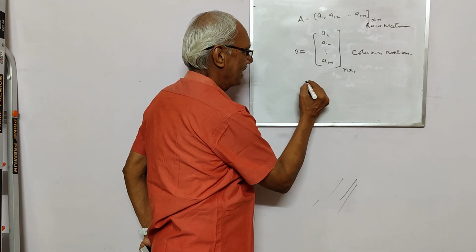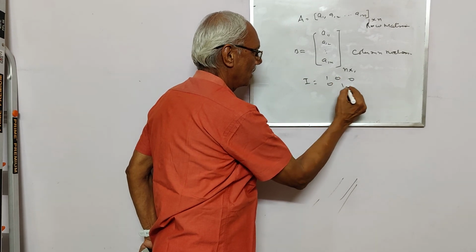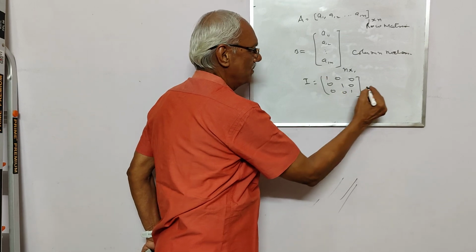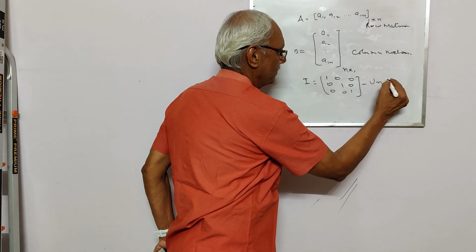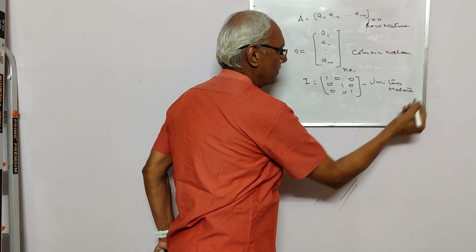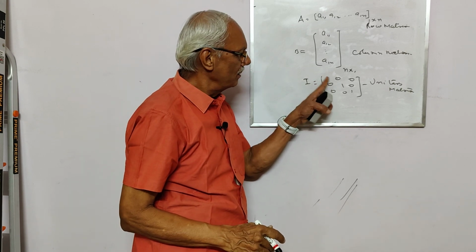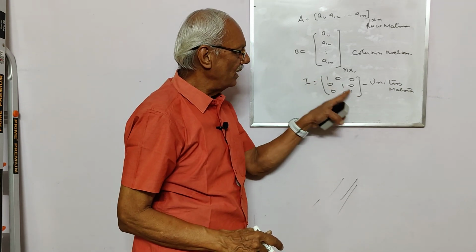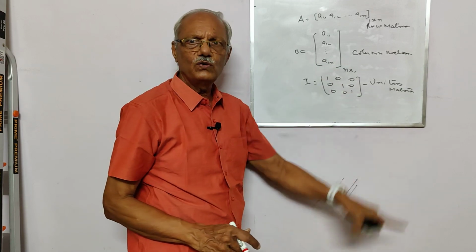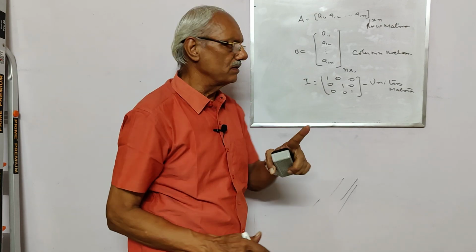And I'll write here, this is a unitary matrix. You find one along the principal diagonal. This is called the principal diagonal. You find one along the principal diagonal and 0 elsewhere. This is called a unitary matrix, and this is a unitary matrix of order 3.